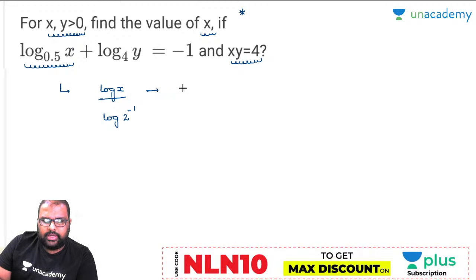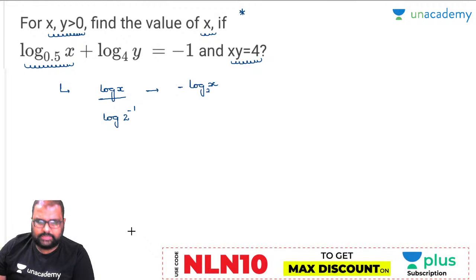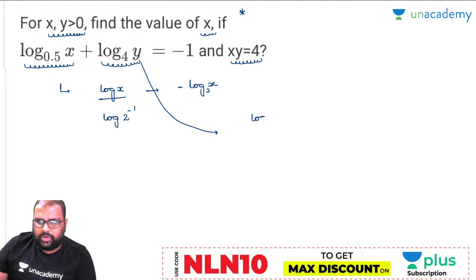And finally, can I write this as minus log base 2 of x? Is it okay for you? Yes, perfectly. Now how can you write log base 4 of y? Can I write this as log y by 2 log 2?